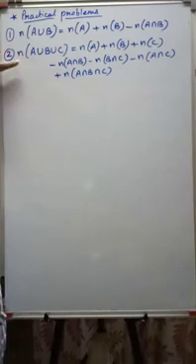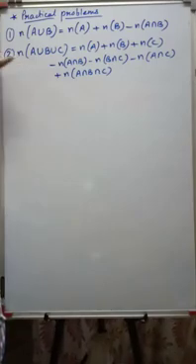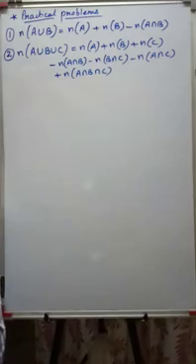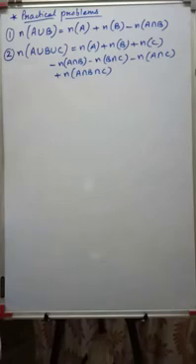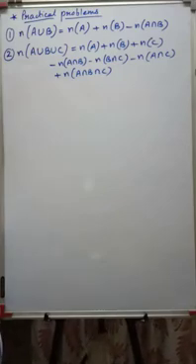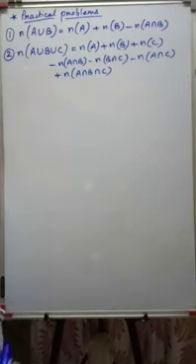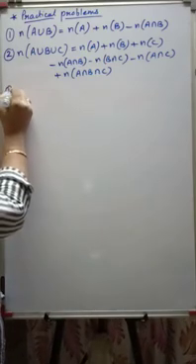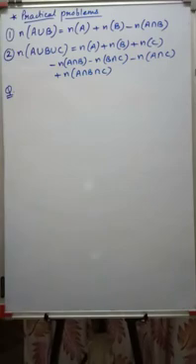For the first you have only one way, that is using the formula. If you want to use a Venn diagram, that is only to check whether your answer is correct or not. Now I'm taking a question based on two objects.